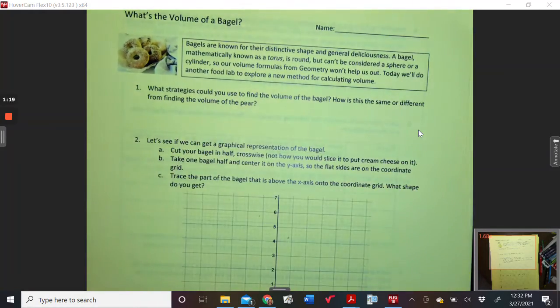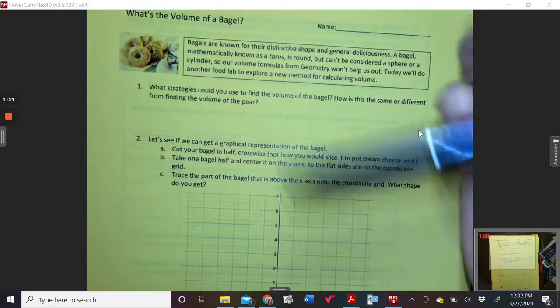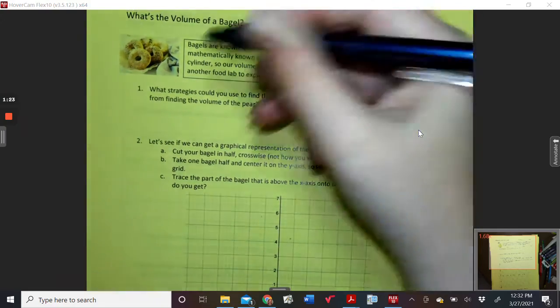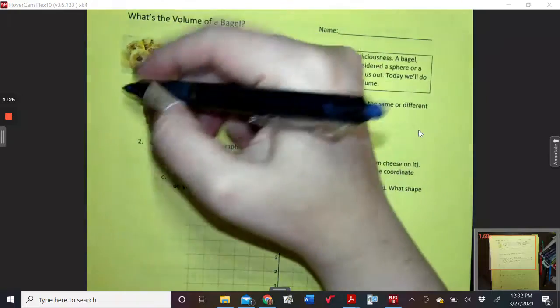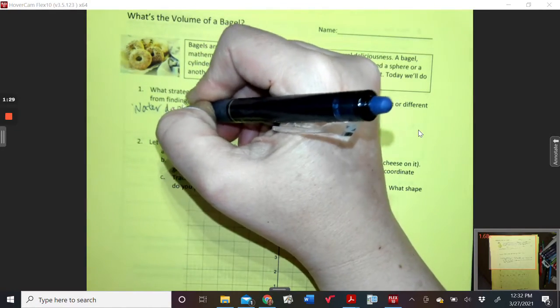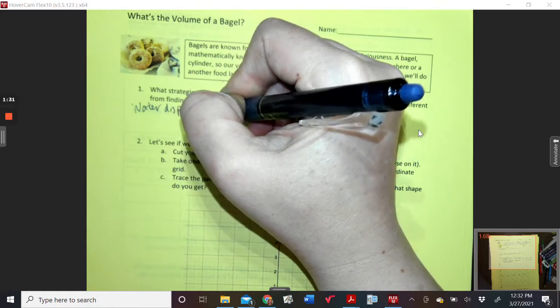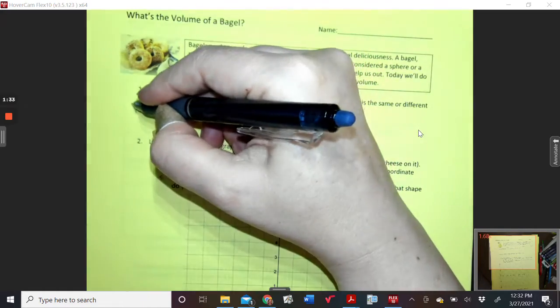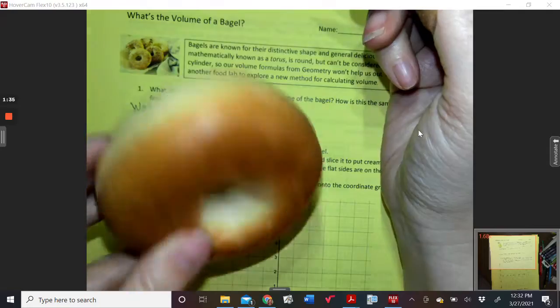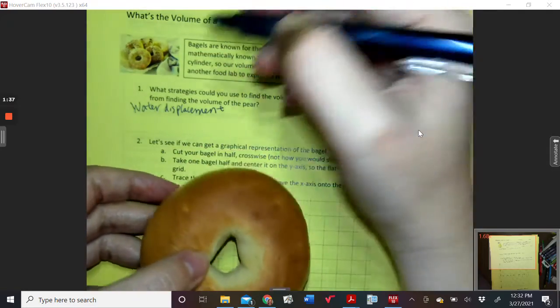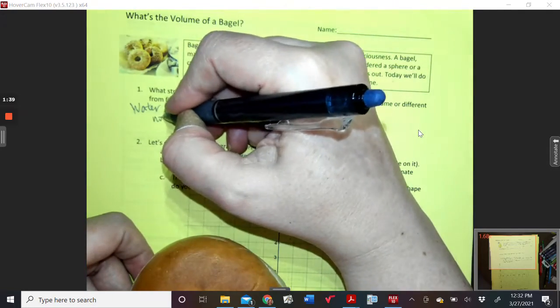So as I'm thinking about this, I could use water displacement, but then I wouldn't want to eat my bagel. And it really wouldn't work because water would get absorbed into the bagel. And so, not a great method.